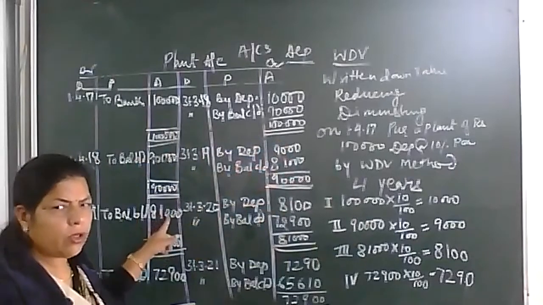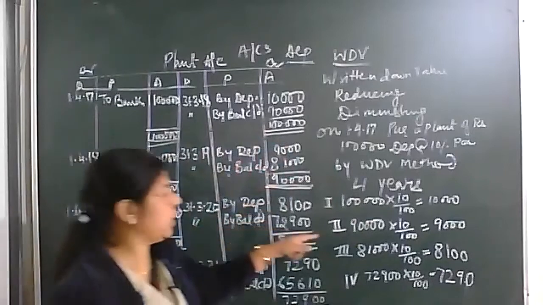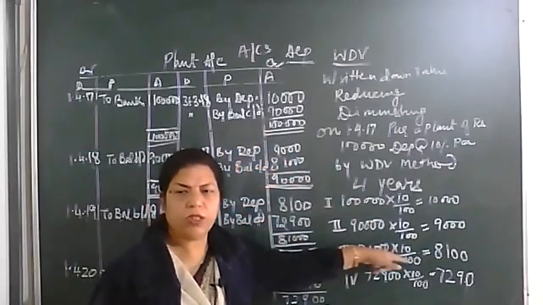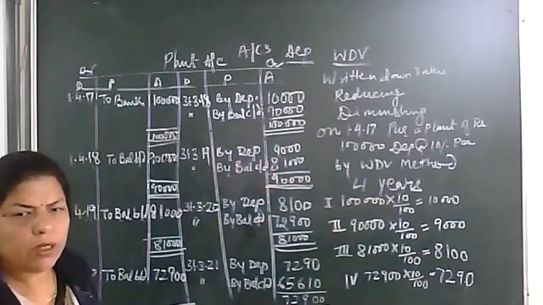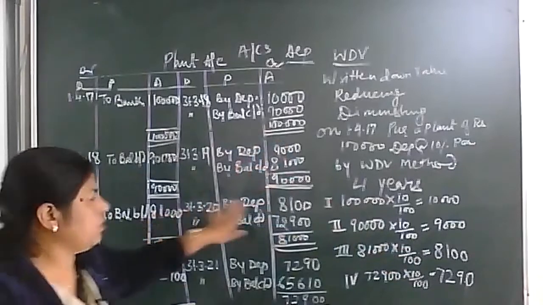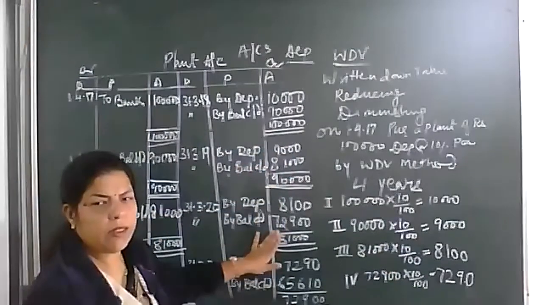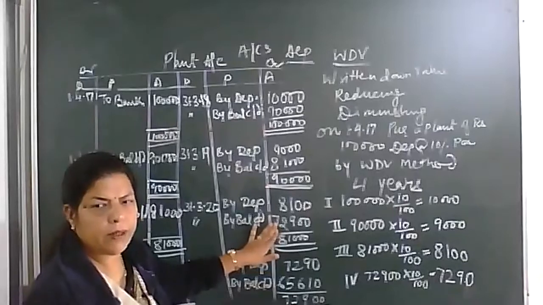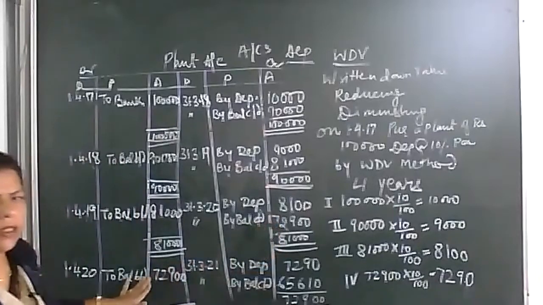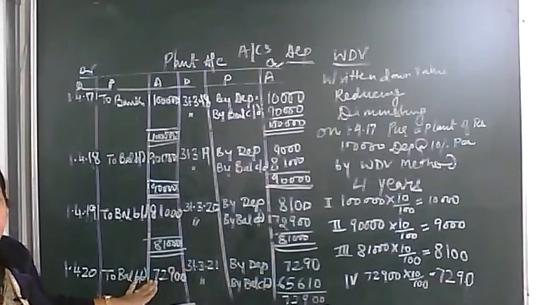81,000. Now on 81,000, the company will charge 10% depreciation, that is 8,100. So 81,000 minus 8,100, the balance is 72,900. This 72,900 will be the opening balance.